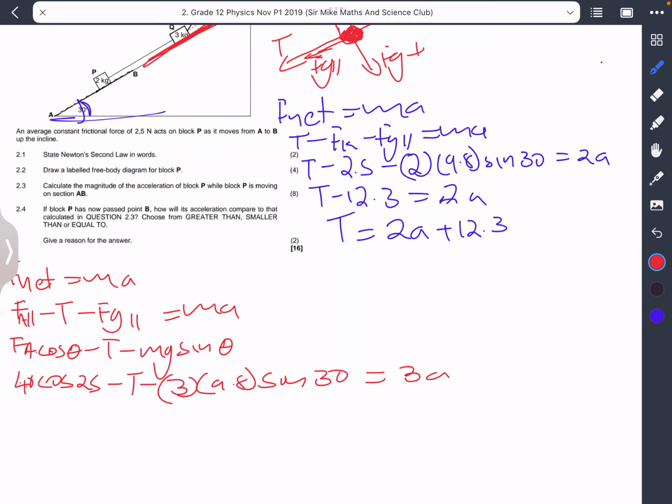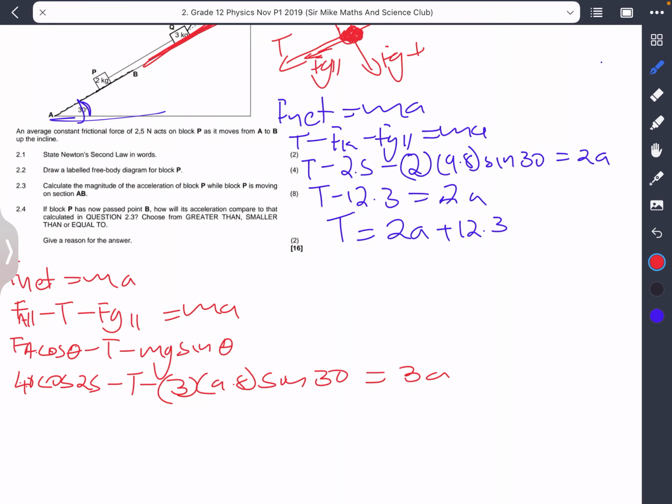Now what I'm going to do again is take these values and put them in my calculator and see what answer I come up with. Let me pull my calculator out.